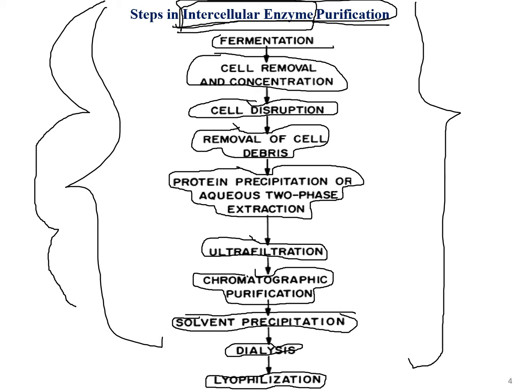There are one or two steps of difference between the two, but more or less it's the same. Lyophilization is the last step, from which we get the desired product. A lot of processes are undergone to get the desired product, so definitely it's a costly process, and it's not an easy process to handle.